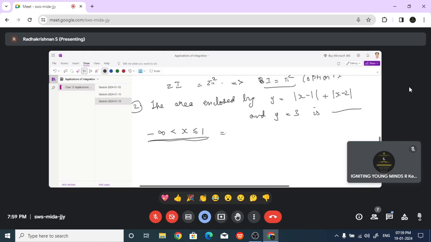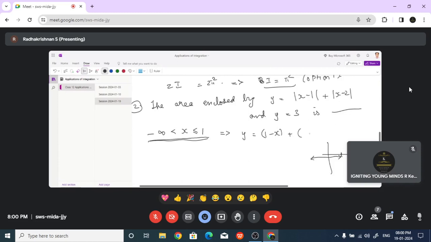Therefore, in this range, y will be 1 minus x for the first one, and same thing for the second one, because this is 1 and 2, right? In this whole range, the x value is going to be less than 1 as well as less than 2.